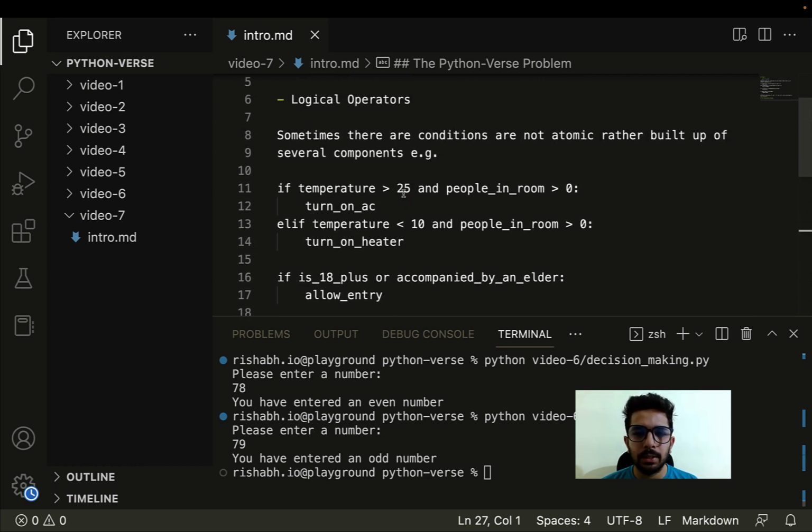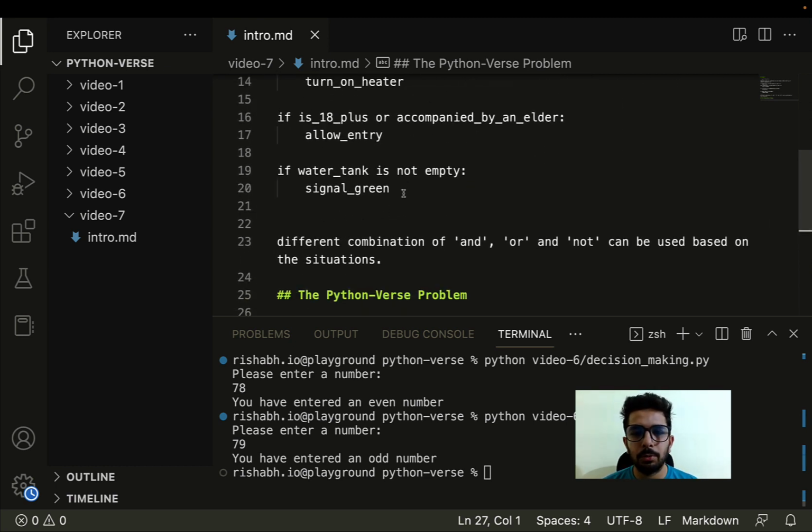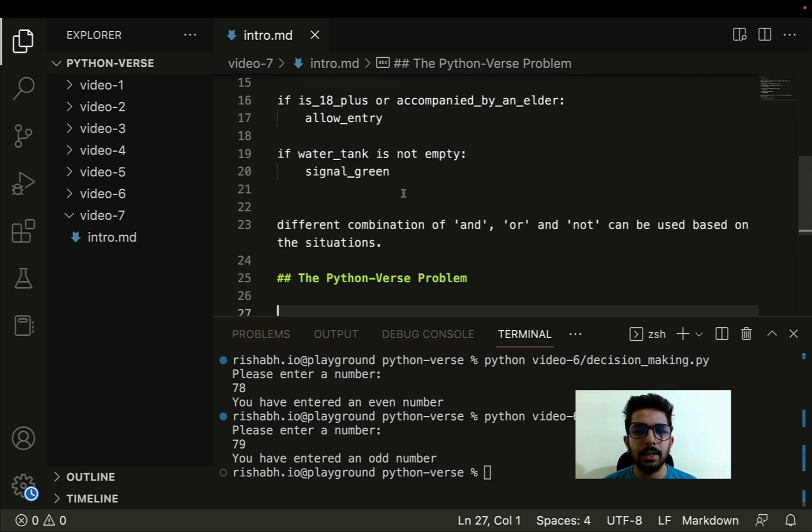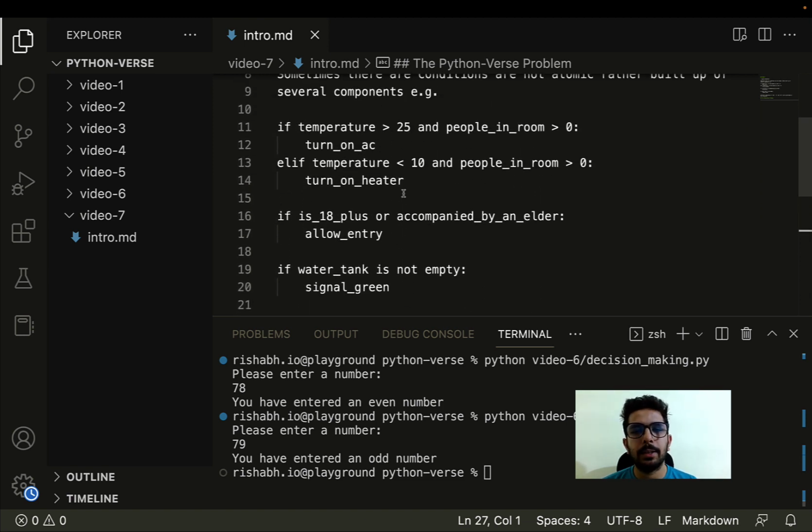I would say that in this video we are not going to write any code, but the idea is to make you understand that you can combine these operators together to make complex decision making possible, right? So if there are multiple conditions, you can put them together with the help of an and or an or operator, depending upon what you are trying to achieve.